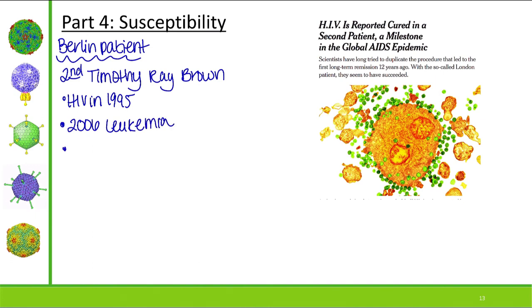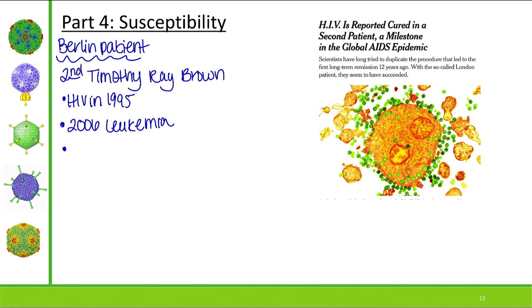And during this time, his doctor had a hypothesis, and he was, I guess, lucky enough that Timothy Ray Brown kind of went for it. One of the treatments for leukemia is a stem cell transplant, so with hematopoietic stem cells. And so his doctor had a hypothesis that he wanted to test.